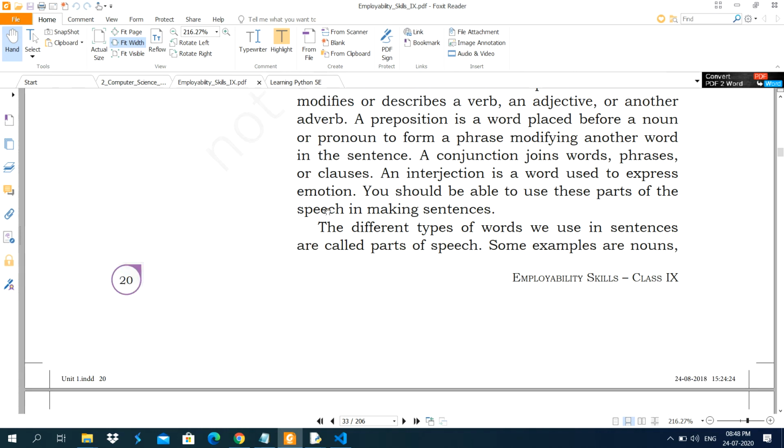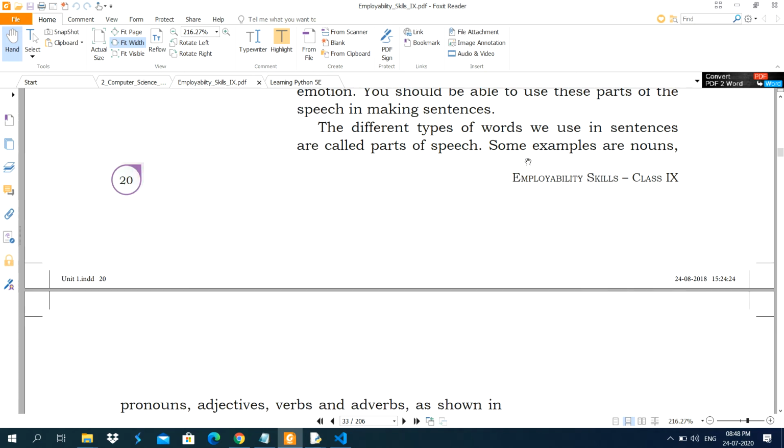A preposition is used to tell the position of a noun in a sentence and to form a phrase modifying another word in a sentence. A conjunction joins words, phrases, or clauses. An interjection is a word used to express emotions.